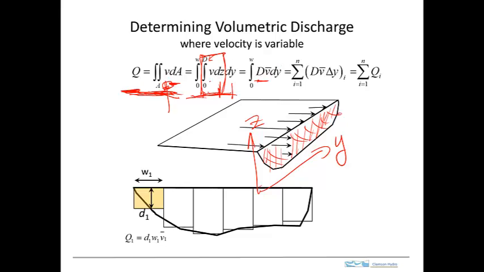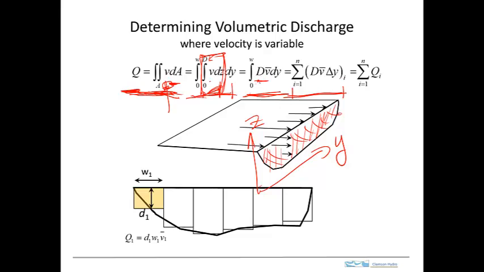So then we can just substitute in for this block the water depth times the average velocity, and we're going to integrate that across the width of the stream. Well, when we integrate something, it's like determining an area, so we can break it down into some intervals and add them up. And so we can take this integral and turn it into a sum. So that's what we've done.